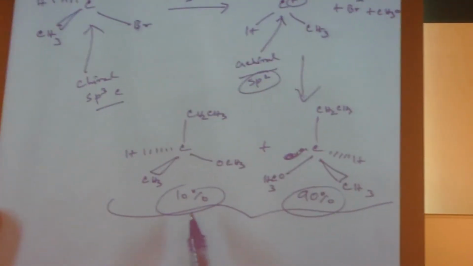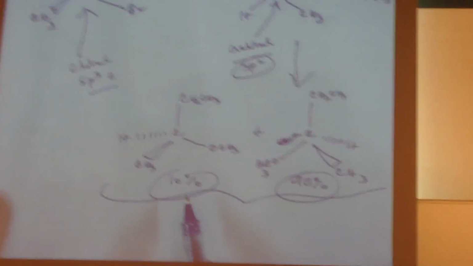As a result, you get a predominantly inverted product, whereas retention of configuration happens in a small part of the molecule.